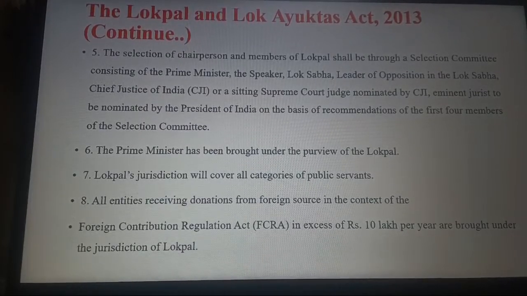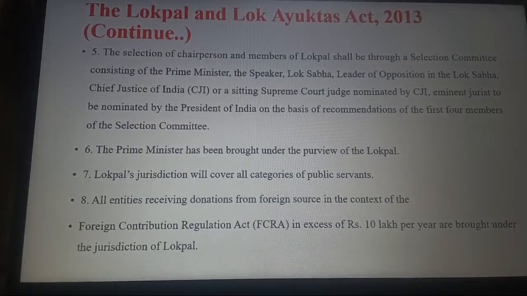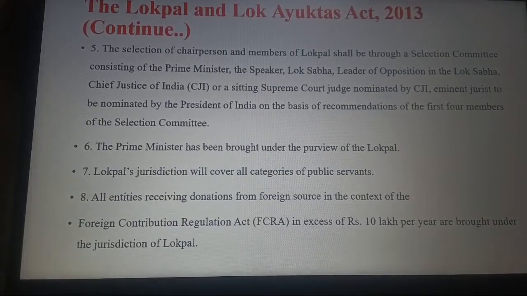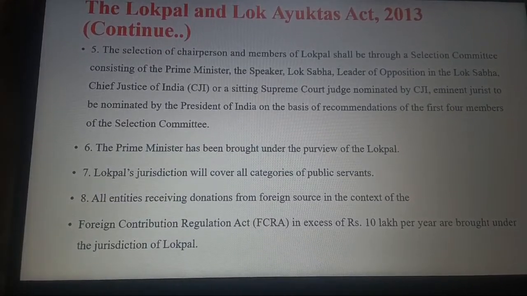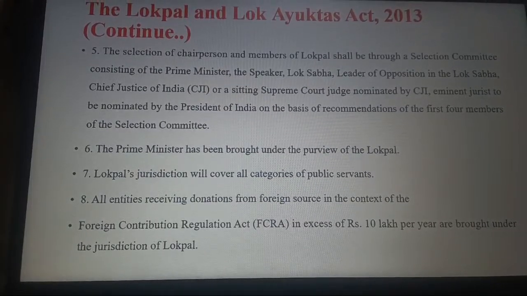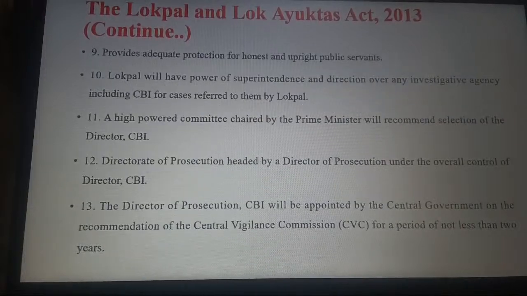Lokpal's jurisdiction will cover all categories of public servants. All entities receiving donations from foreign sources in the context of the Foreign Contribution Regulation Act (FCRA) in excess of 10 lakh per year are brought under the jurisdiction of Lokpal.